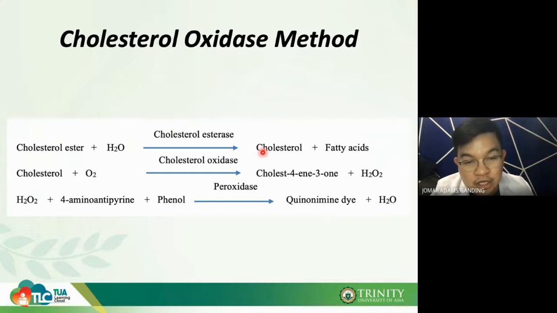The cholesterol will be acted upon by cholesterol oxidase, oxidizing it and forming cholestenone, and also hydrogen peroxide. The hydrogen peroxide that is produced is directly proportional to the cholesterol. Afterwards, as you can see, the hydrogen peroxide will be the one used.